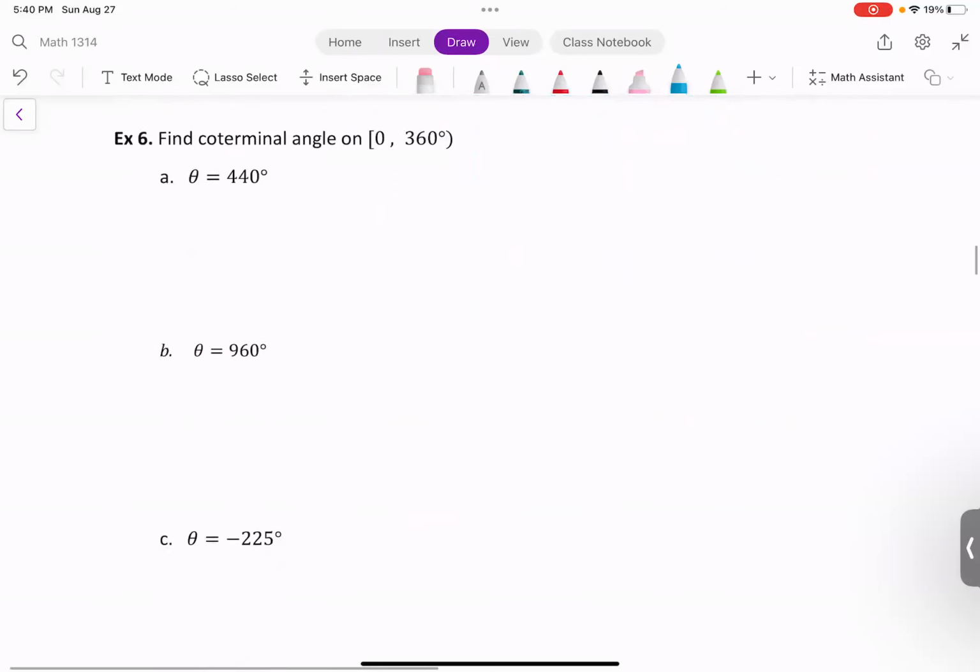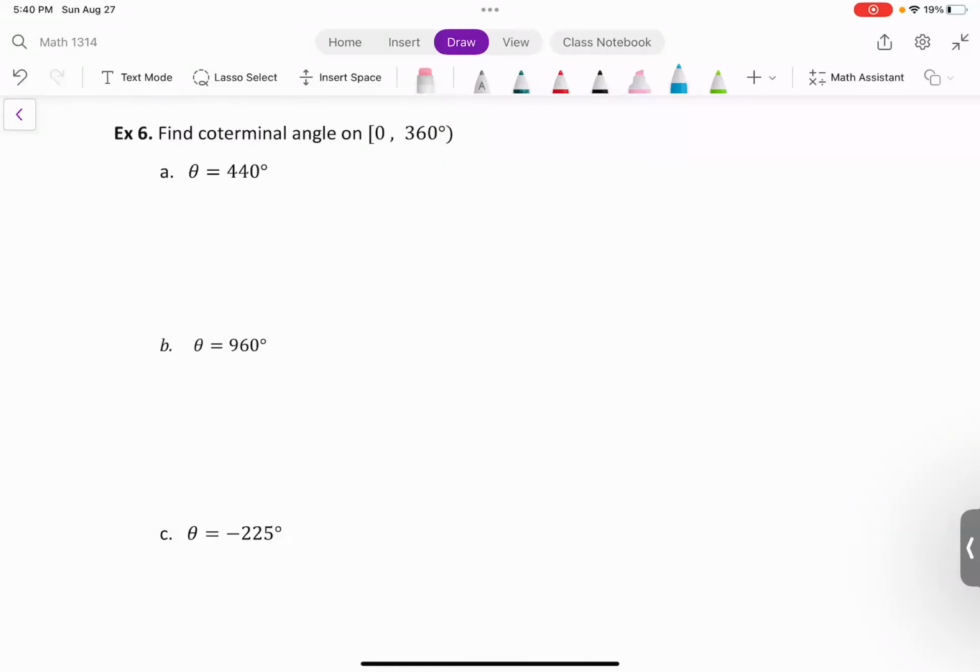All right, example 6. Let's find the coterminal angle on the interval between 0 and 360 degrees. If I have theta equals 40 degrees, coterminal means I add or subtract 360. Adding 360 gives a coterminal angle of 440 degrees, but that's not in the interval between 0 and 360.